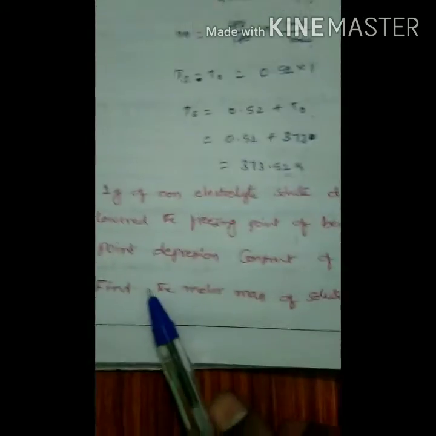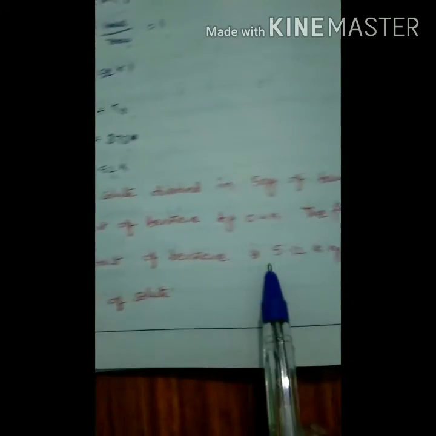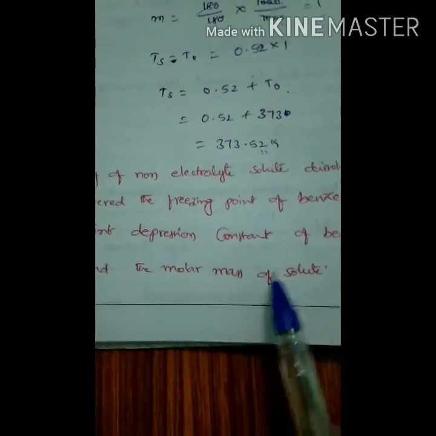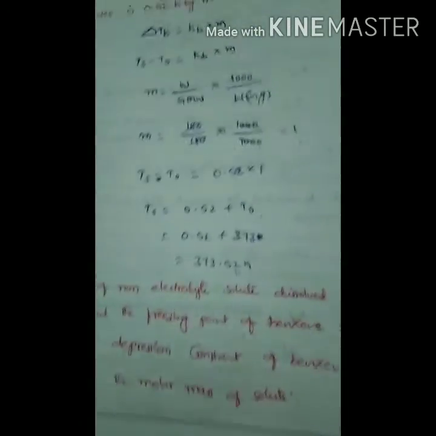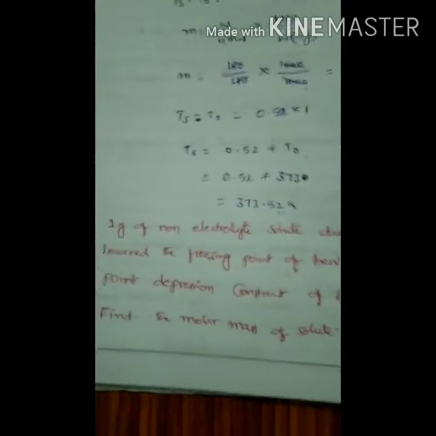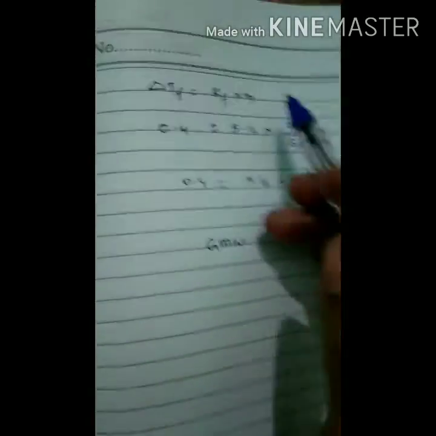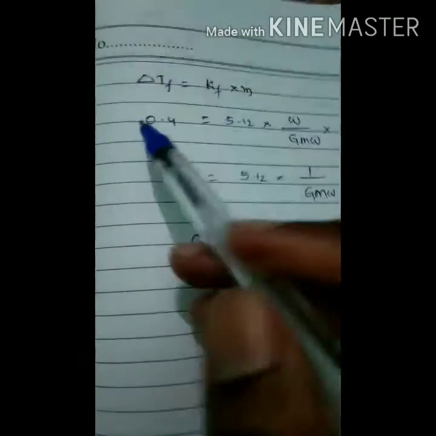The freezing point depression constant, that is Kf, is 5.12. We have to find the molar mass of solute, nothing but molecular weight of solute. So we should think about the freezing point formula, that is delta Tf equal to Kf into m.